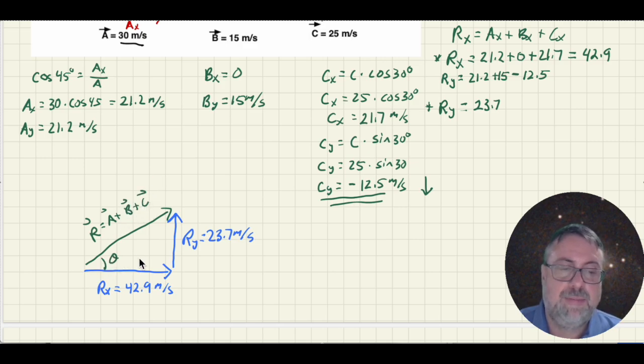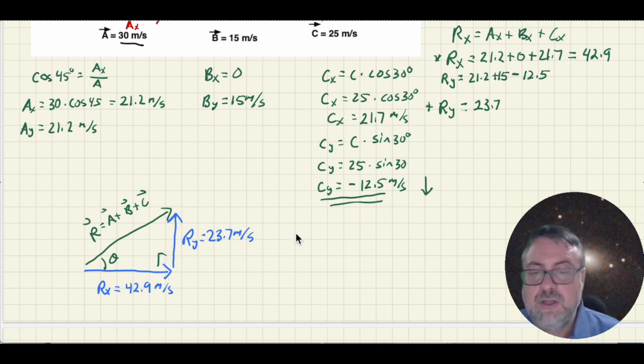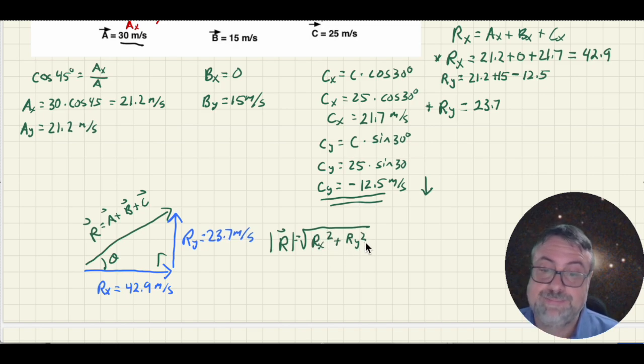It is found by simply using Pythagoras to find out the value. So for vector R, the size of vector R will be the square root of the x part squared plus the y part squared.